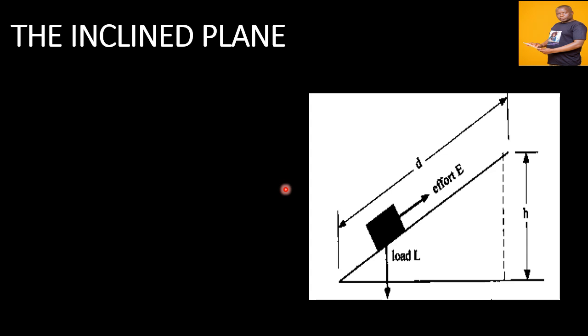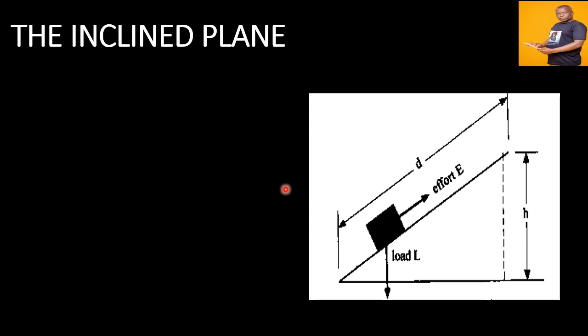I'm asking you this because this is not a new topic. It's a continuation of a topic in Form 2, which is called power and machines. So what is an inclined plane? Alright.